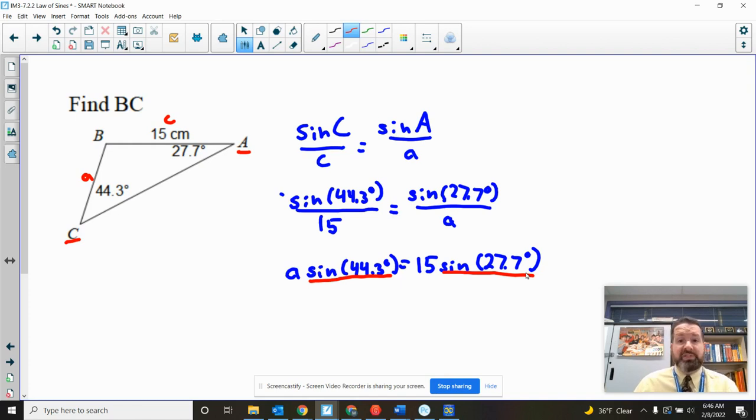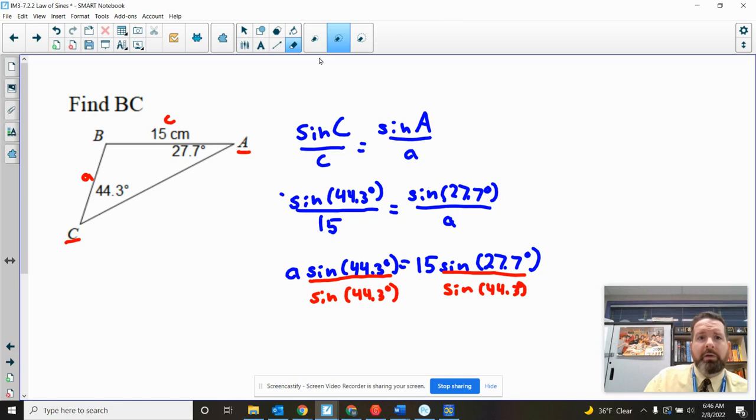They're not the prettiest numbers in the world, but they're just numbers. So to finish, I can divide both sides by this number. So the sine of 44.3 degrees, divide that on both sides of the equation. A degree symbol inside there. Okay, and we're all through.